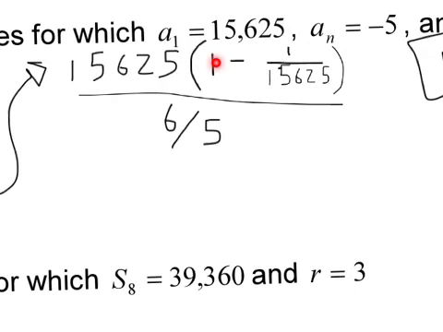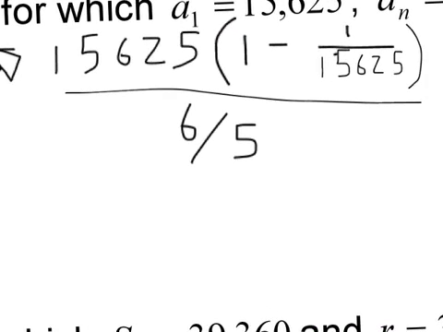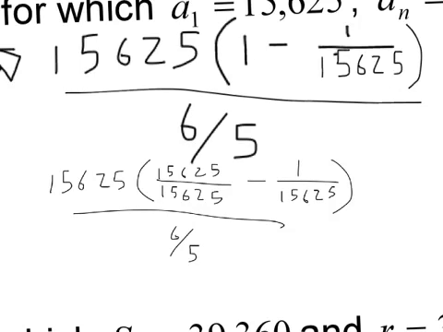If I was going to do 1 minus 1 over 15625, I can make the common denominators here, 15625 over 15625. Right, just make the same common denominators. And it would just be 15625 up here minus 1. Let me just write it out so you guys can see it. I'm just running out of room here. So out here we have 15625 times, I'm going to write this as 15625 over 15625 minus 1 over 15625 over 6/5.